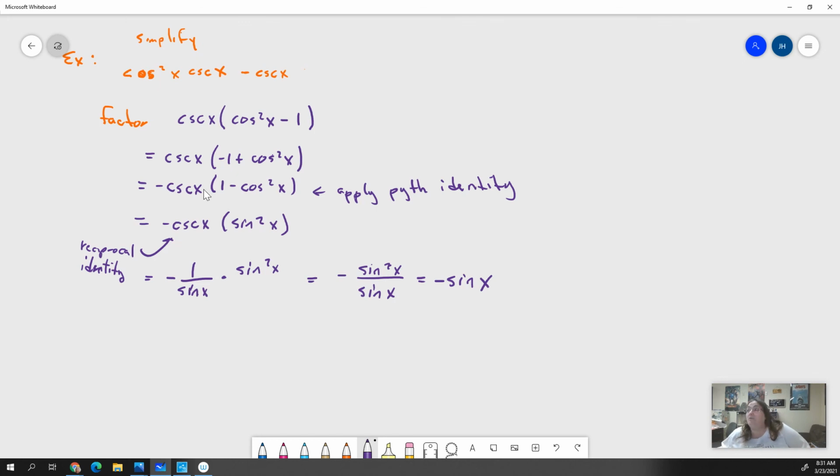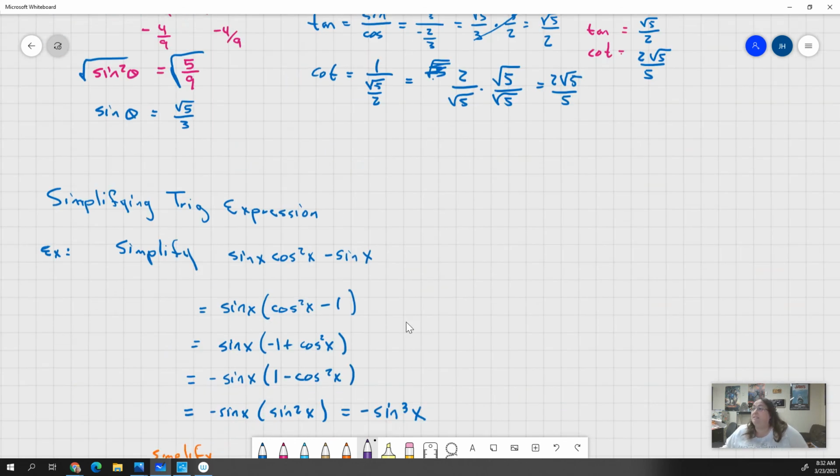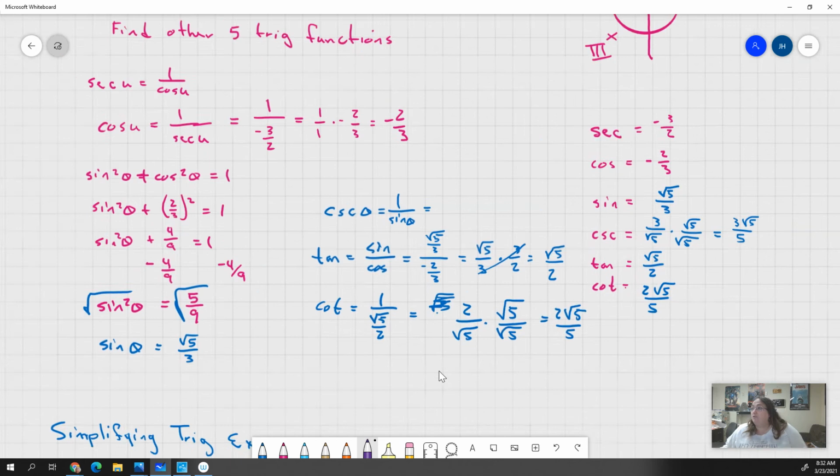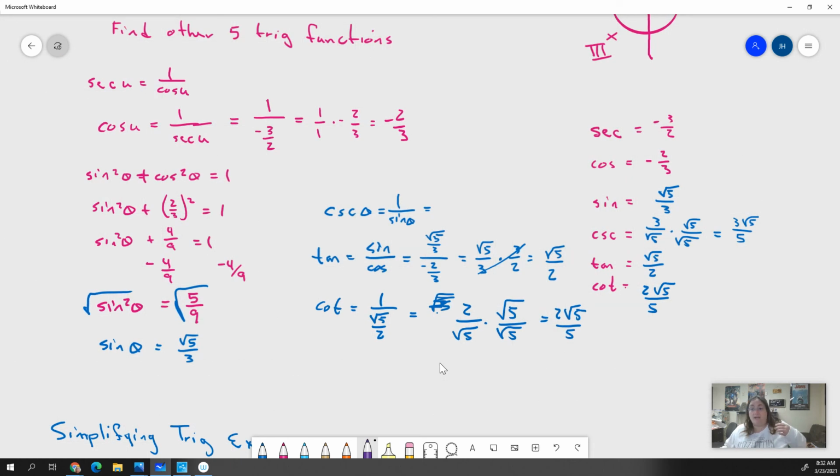I did give you more of these types of problems than of the first type. The first type where you're finding the 6 trig functions, I only gave you, I think, 2 of those. And I gave you 8, 10, 12, so 3 of those, and I gave you 4 of these kinds of problems.